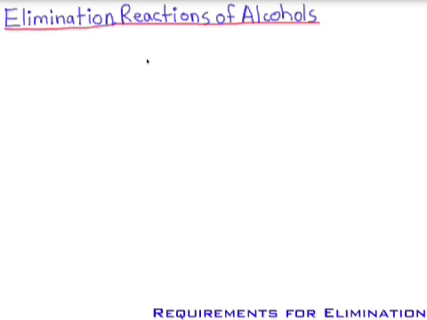If we want to carry out an elimination reaction of an alcohol, the alcohol must be reacted, as in the substitution reaction, with a powerful acid. Usually, you use acids such as concentrated H2SO4, which may or may not be dissolved in water, or concentrated H3PO4.